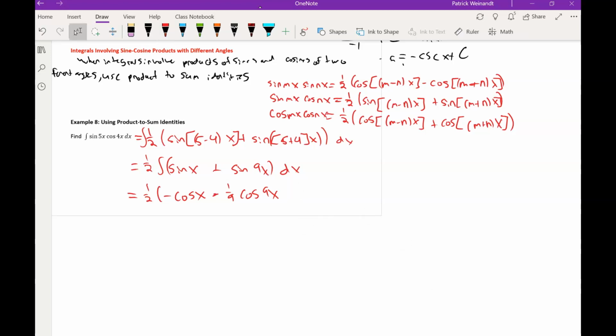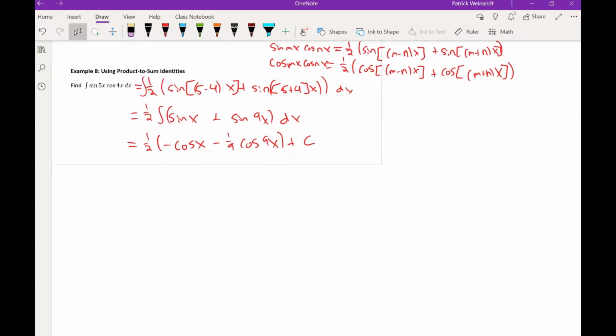So it should be minus 1/9 cosine of 9x plus c. We have evaluated that integral. And I would always recommend just double checking these. Just differentiate and make sure that you did the derivative correctly, because sometimes reversing those chain rules is kind of tricky. So make sure you're doing those properly.